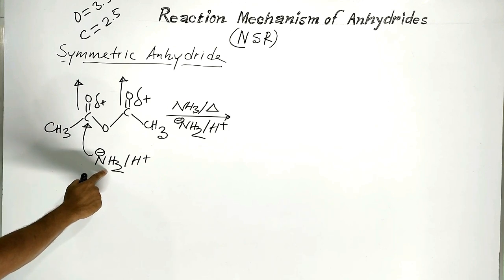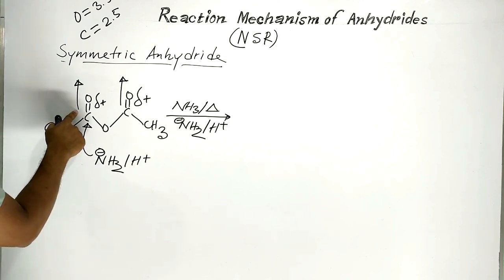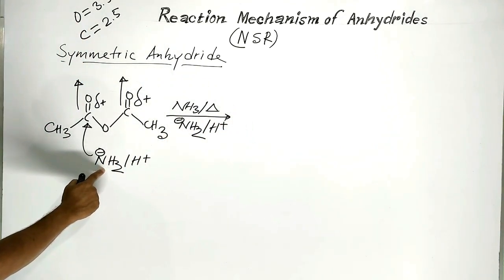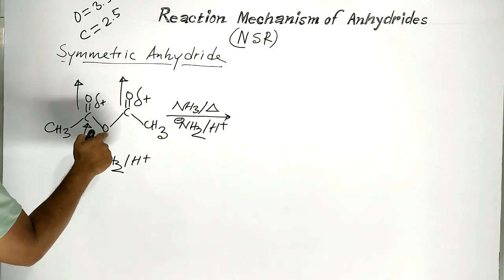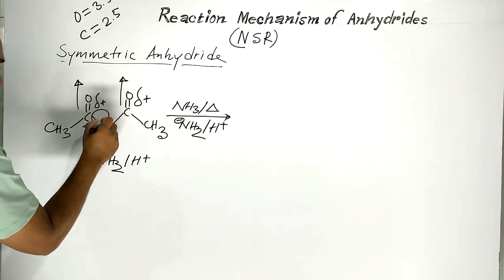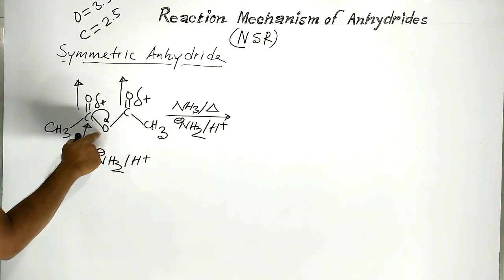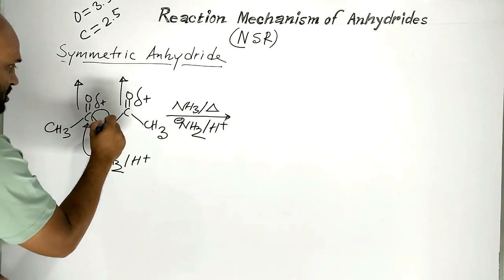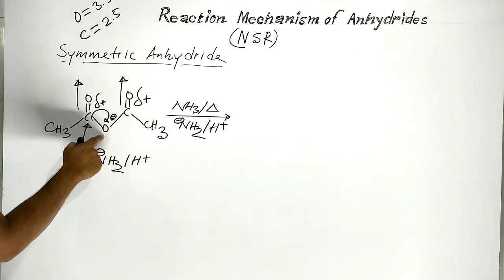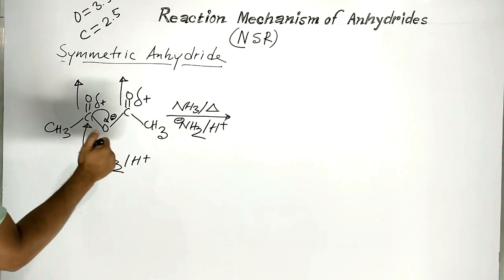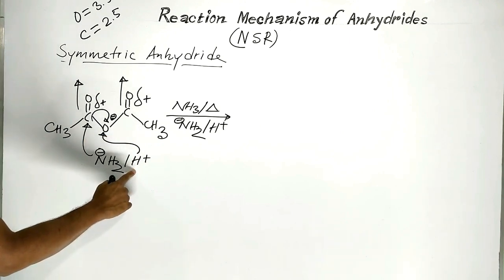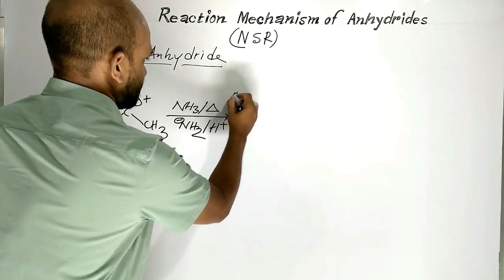When negative ion attacks this carbon, then let us see what products are formed. This oxygen carbon bond experiences heterolysis. As a result, this oxygen becomes negative in charge. At that time, this oxygen is attacked by positive ion, hydrogen ion. As a result, this is obtained.